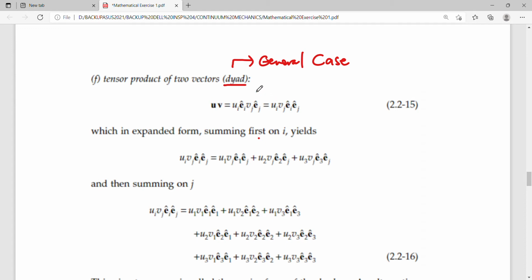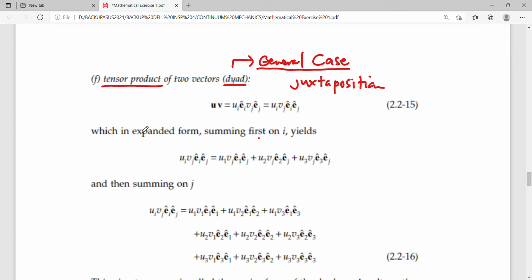A dyad is simply a quantity wherein the two vectors are placed in what you call a juxtaposition, without due regard to the particular operation you want to place into the expression that you are presenting. So this is a general case. It's called a tensor product in general.